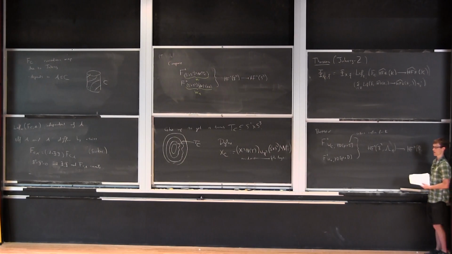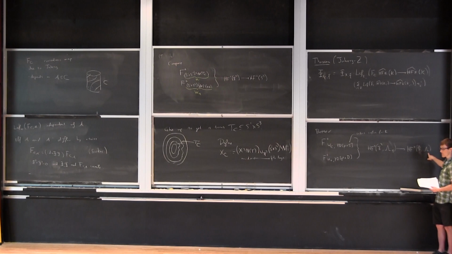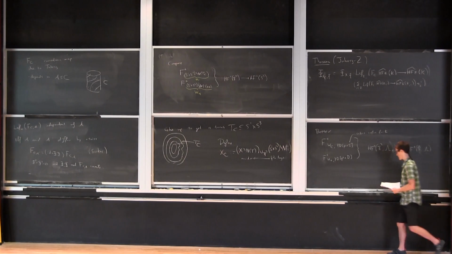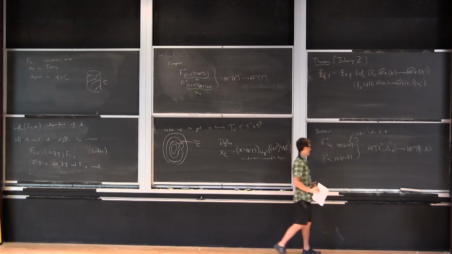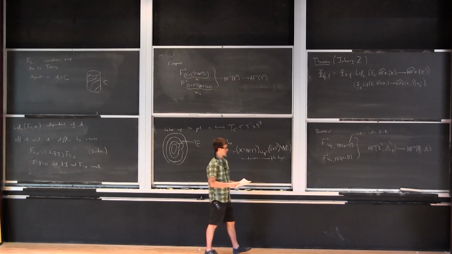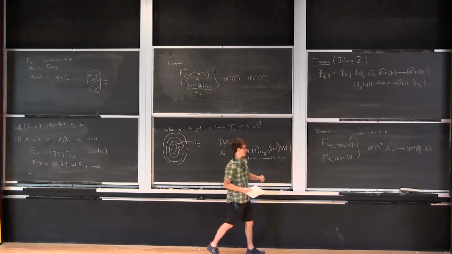Of course, there's no non-trivial 2 forms on S3, so it's twisted by the trivial 2 form, but you still have to use the Novikov ring. And so these are what we're going to compute. We're going to compare these two maps.